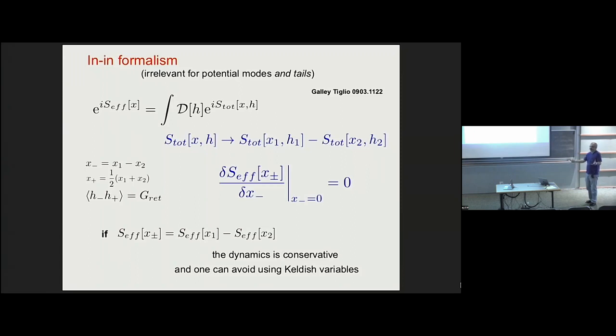And so you can just pretend nothing happened. As long as you're interested in the conservative dynamics, you could from the beginning just pretend nothing was going on and do the thing that you usually do, without doubling the degrees of freedom. That's why in the tail case, this thing worked even without using the in-in formalism. But this is not always the case.